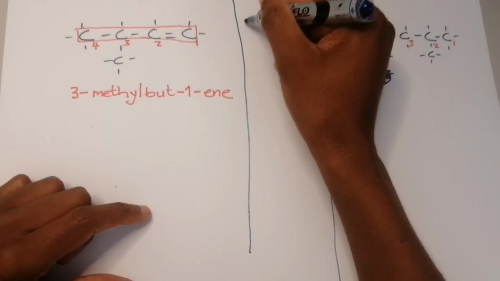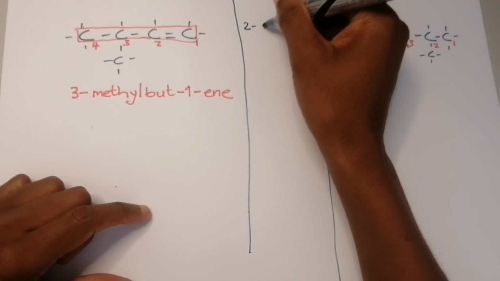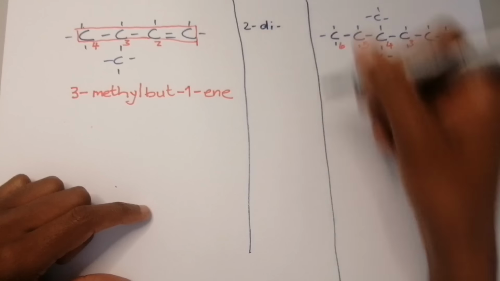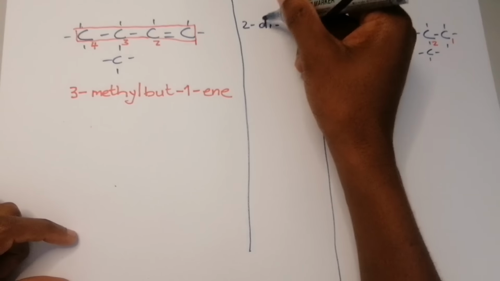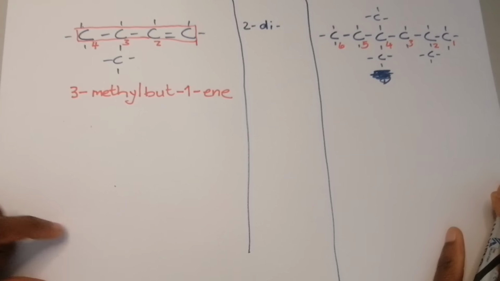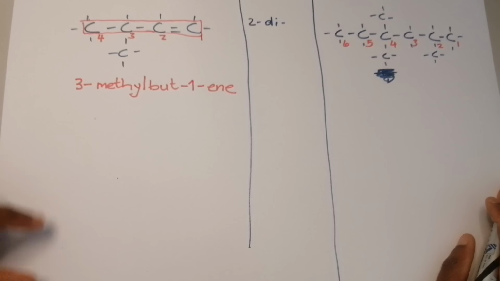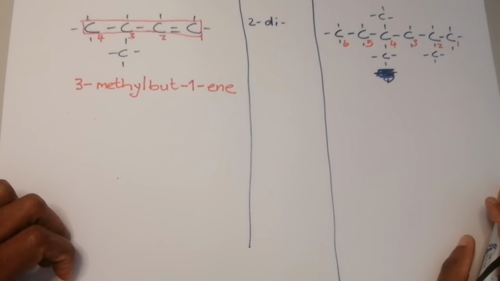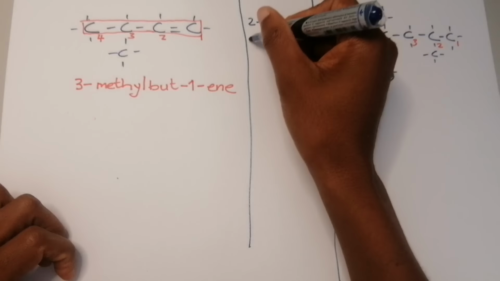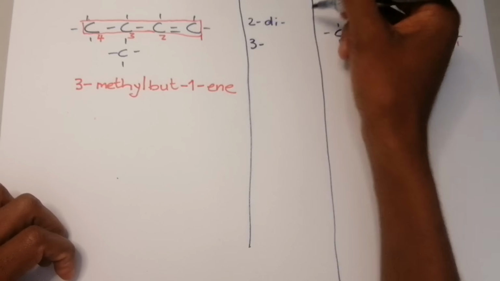But if you've got 2 or more of the same thing, we use the prefix di. I'm sure you've seen this before. Those of you who've done life science, you talk about plants, dicotyledons. So di means 2.